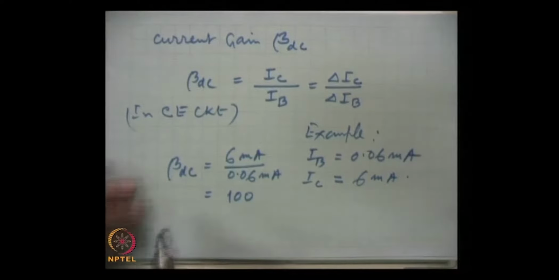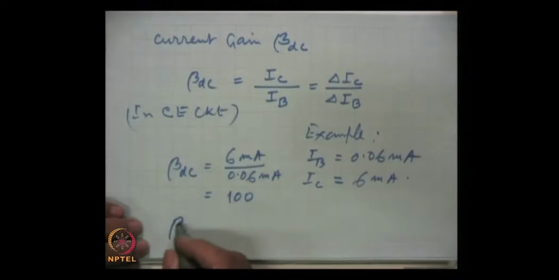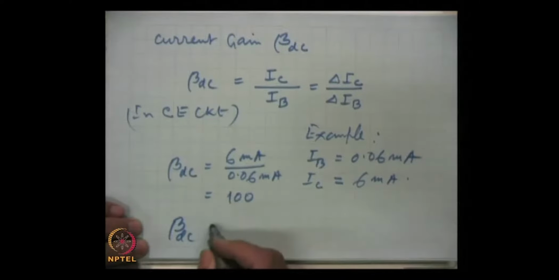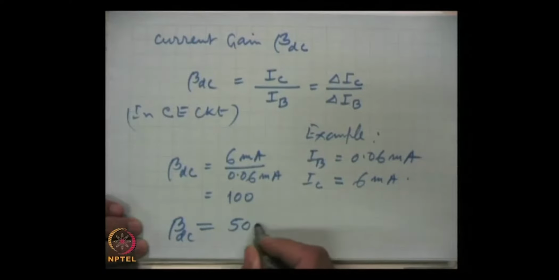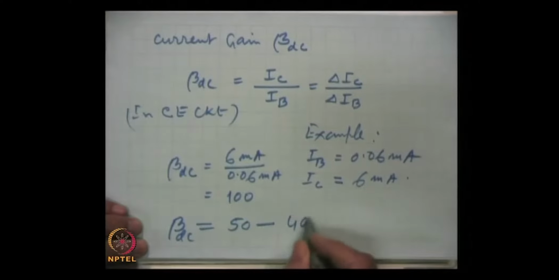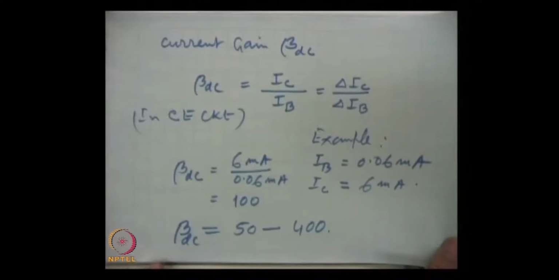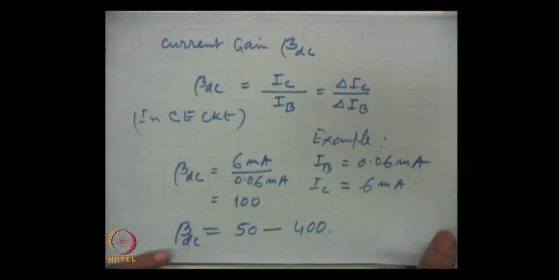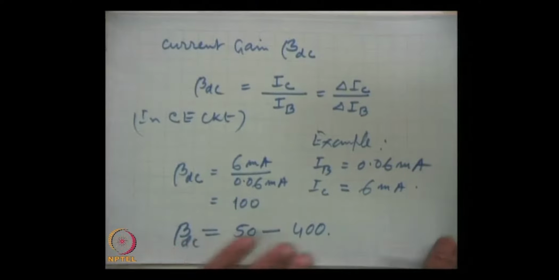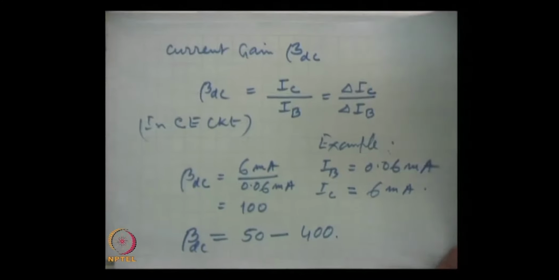Beta in general varies for all practical transistors in the range say 50 to 400. There is a large number of transistors and they have different parameters.